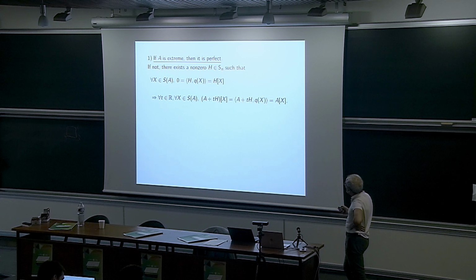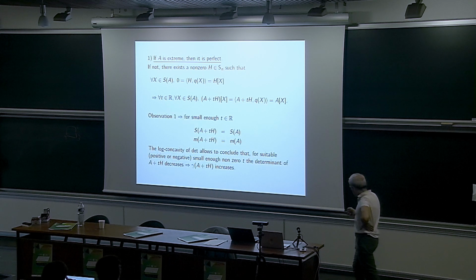Well, assume by way of contradiction that it is not the case, then you can find a non-zero symmetric matrix H which is orthogonal to every minimal vector. And this means that when you evaluate the form A plus TH, whatever T, on a minimal vector of A, then the value you get is the same as the value of A on the same vector.